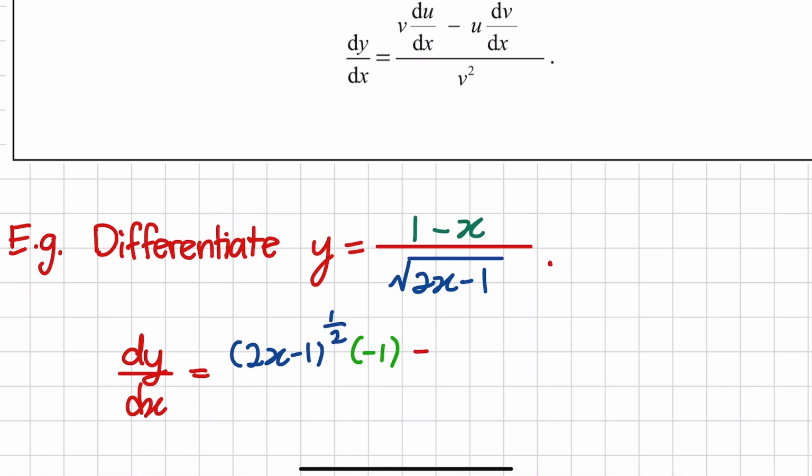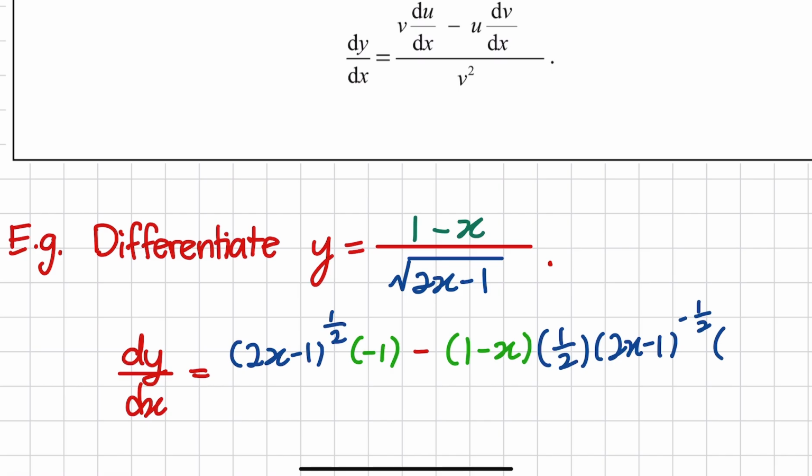Next step, I keep the numerator here, minus away 1 minus x. Then I will differentiate my denominator, which is square root of 2x minus 1. Differentiate this, I'll get half times 2x minus 1 power minus 1. So half minus 1 is negative half.